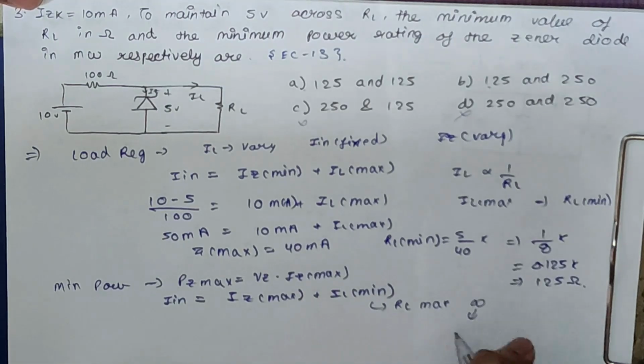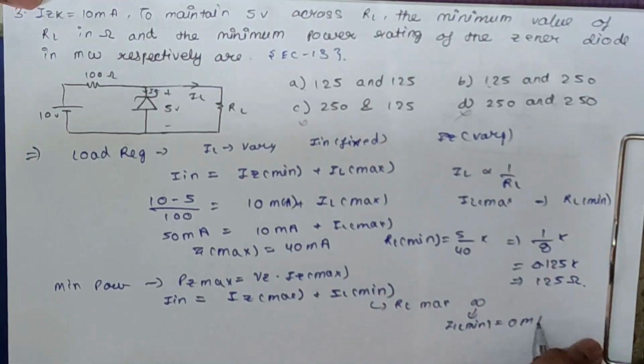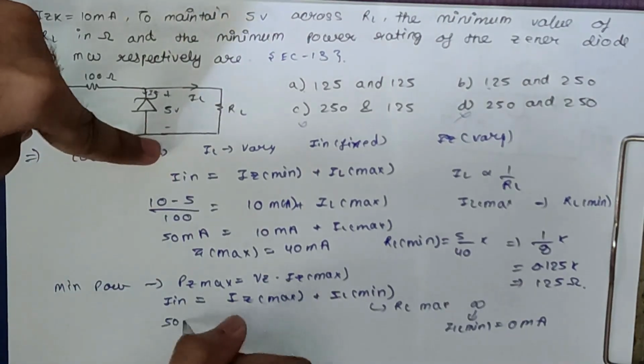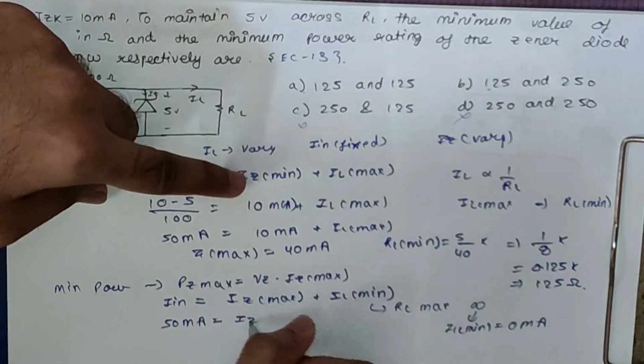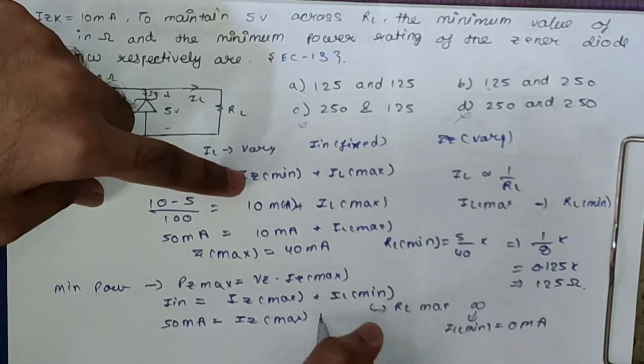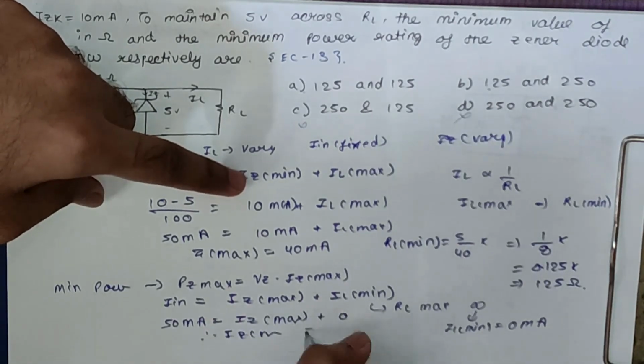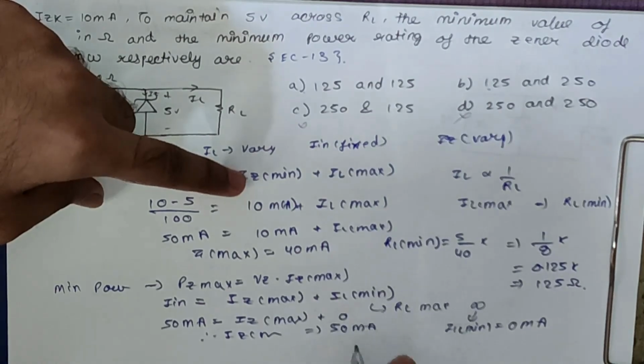So at that time IL minimum will be 0 milliampere. If we put all this into the equation, I_in is 50 milliampere, IL minimum is 0 milliampere, so we get IZ max as 50 milliampere.